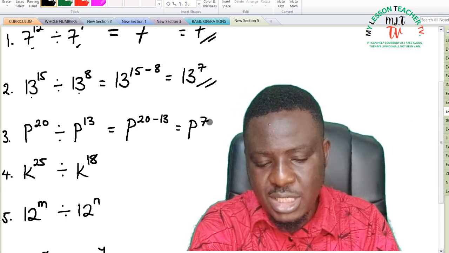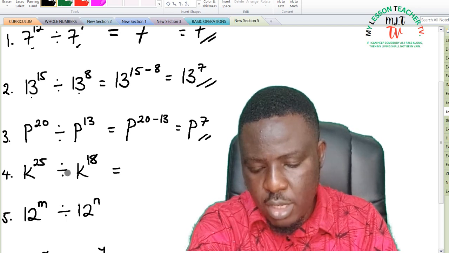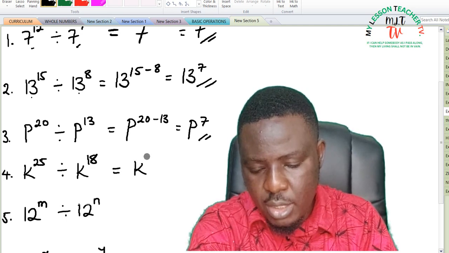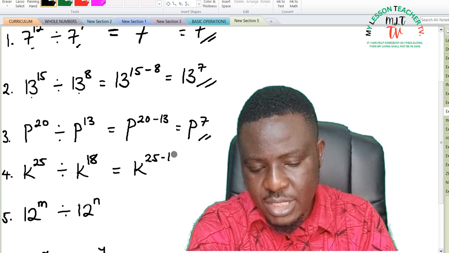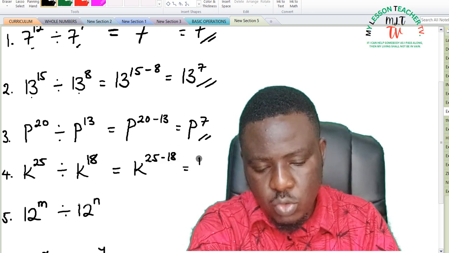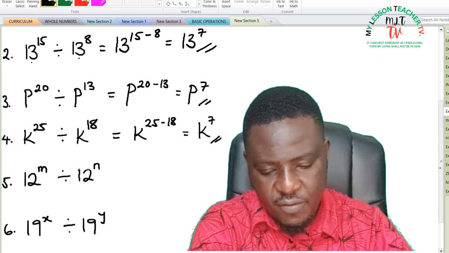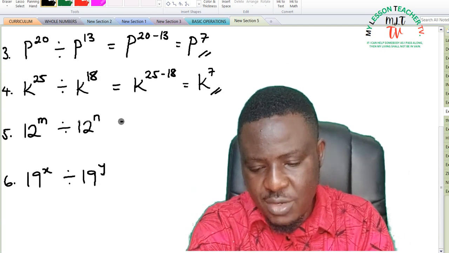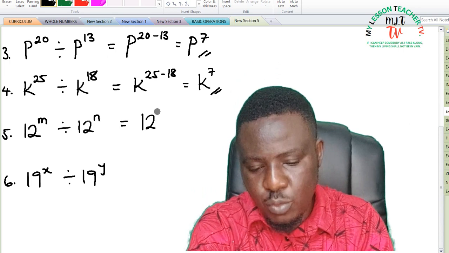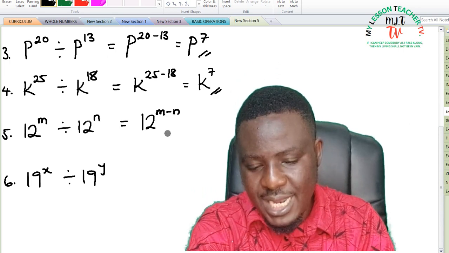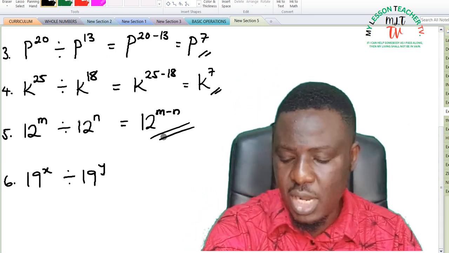For 20 minus 13 is 7. For 4, this is K to the power 25 minus 18, which is equal to K to the power 7. Number 5, this is equal to 12 to the power m minus n, and this is your answer.